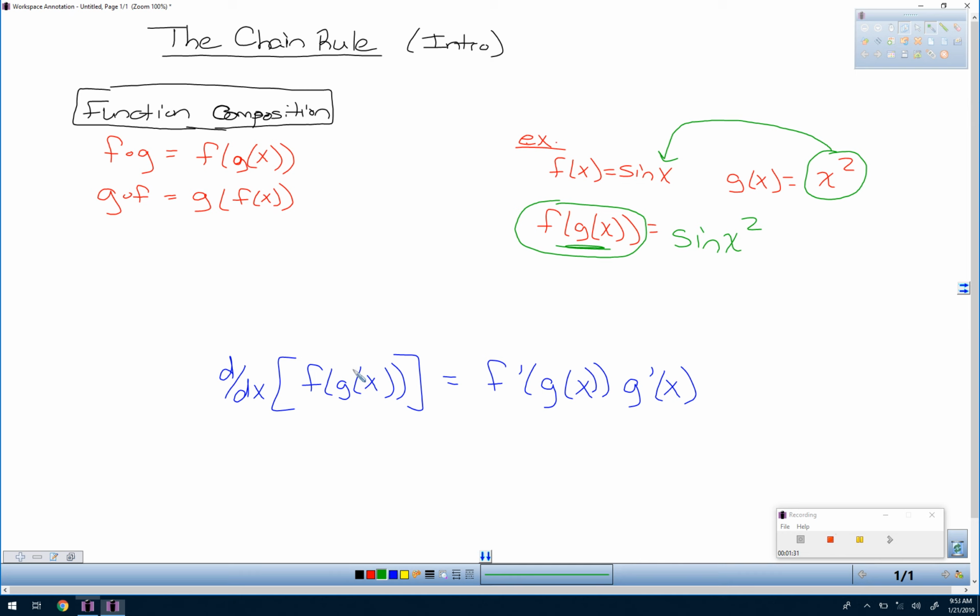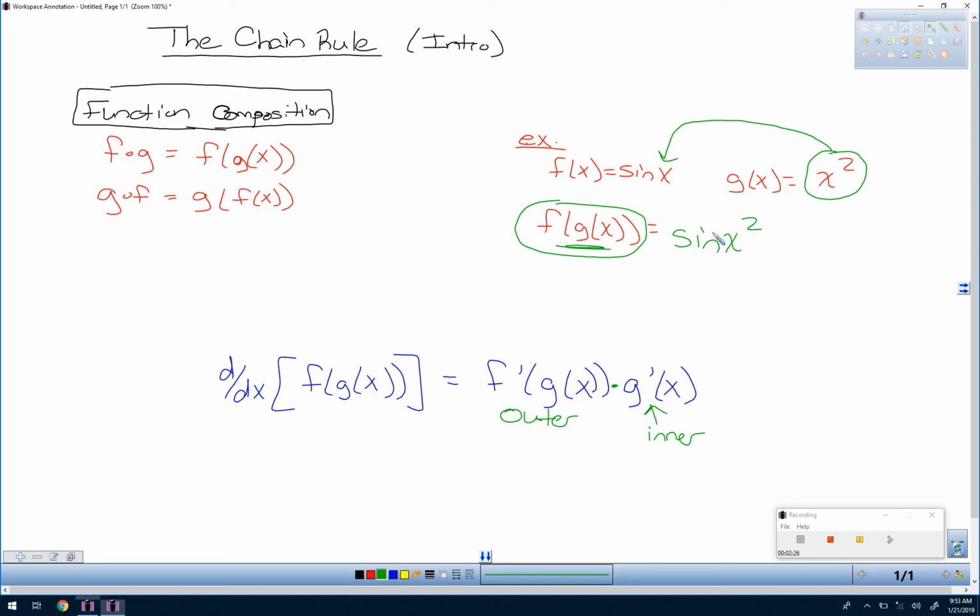Whenever you have a function inside of another function, in other words composition, the chain rule applies. What you do is take the derivative of the outer function times the derivative of the inner function. I know that looks weird, and you may wonder what I mean by outer and inner function.